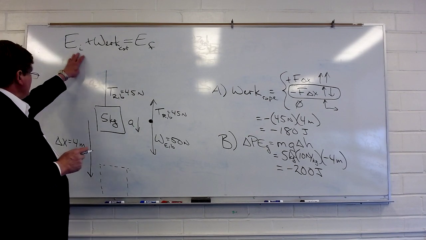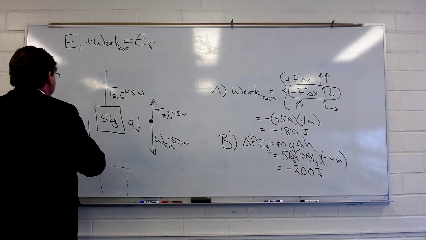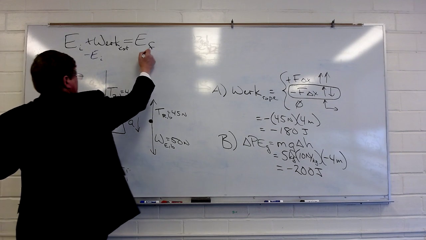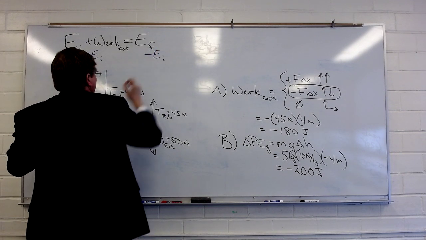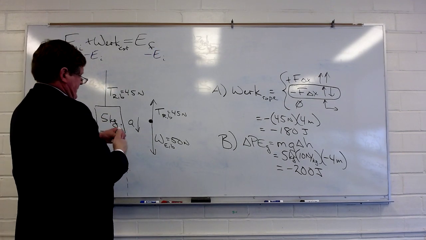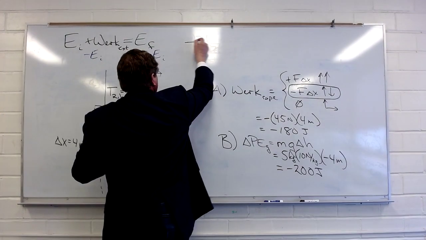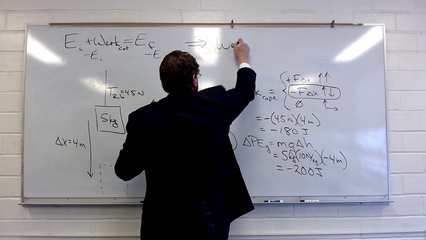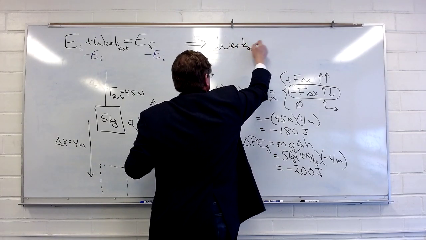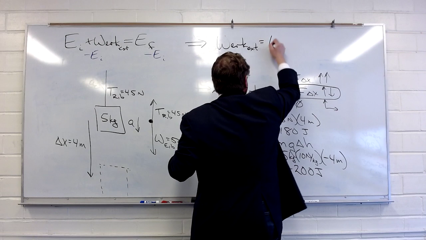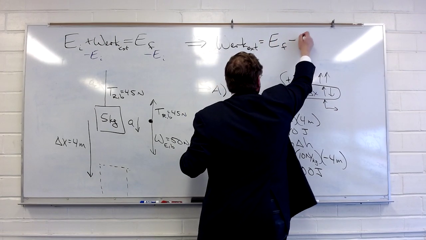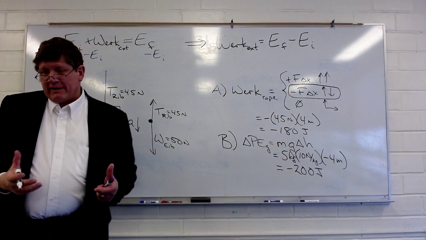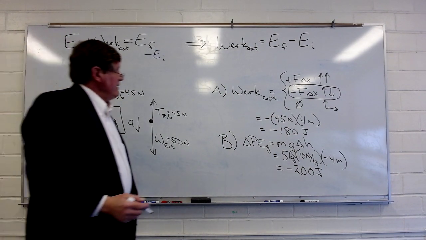So I can rewrite this by subtracting off the initial energy from both sides. If I do that, this equation becomes work external is equal to energy final minus energy initial. Well, anytime you have a final minus initial, that's the change.